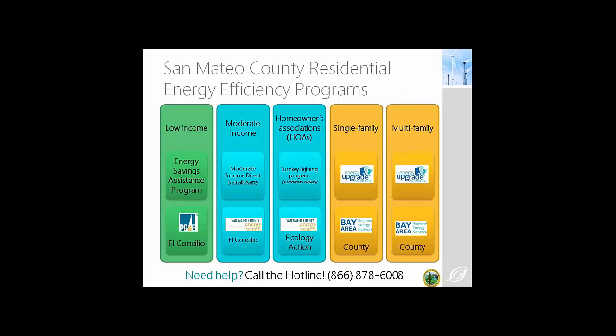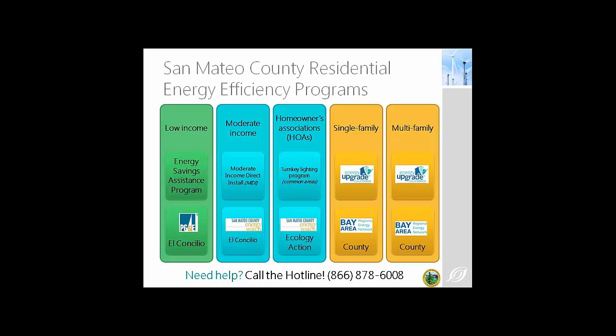So in San Mateo County, we have a few different residential energy efficiency programs. For low income, there's the Energy Savings Assistance Program through PG&E, which is El Concilio. There's also a moderate income program through El Concilio, which we help with in my program, the San Mateo County Energy Watch. It's called the MIDI program, the Moderate Income Direct Install.